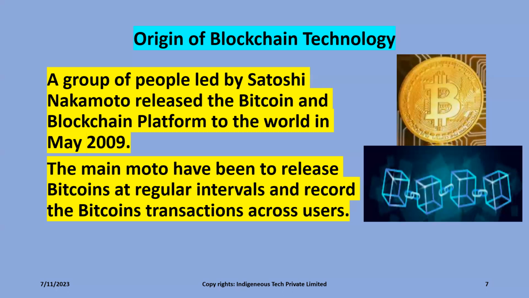So every 10 minutes, some amount of Bitcoins are released and credited to some of the so-called miners. And wherever there are transactions, those transactions are validated by a method called consensus, and then put in a block. Every 10 minutes, a new block is added to the Bitcoin blockchain.